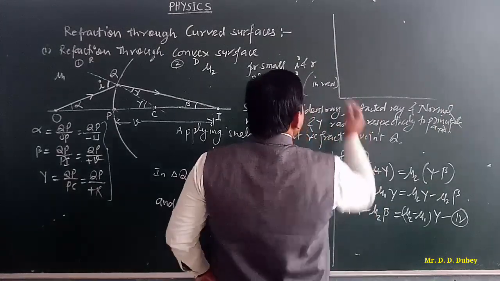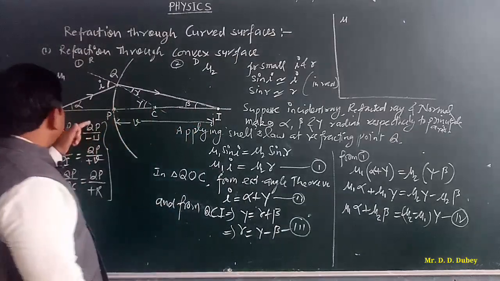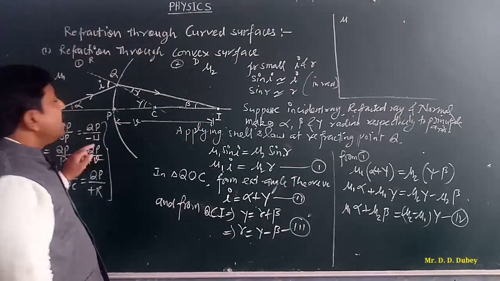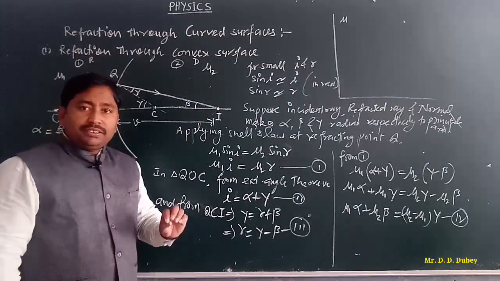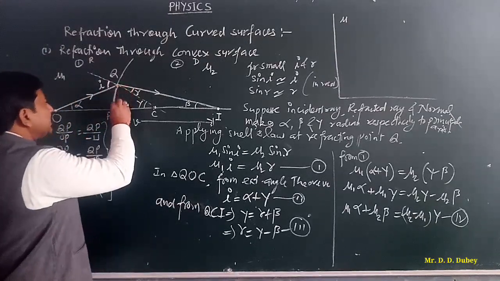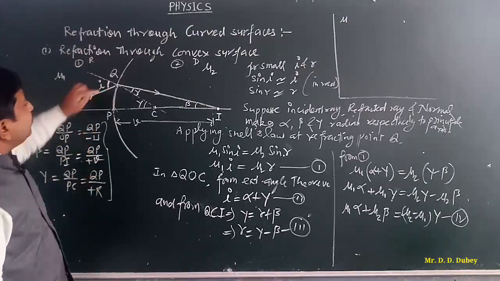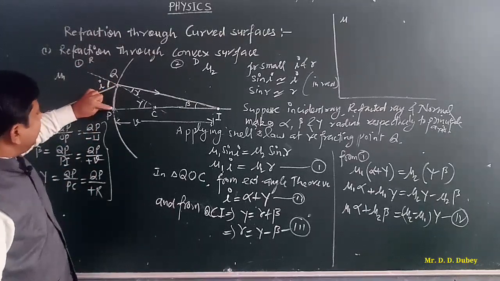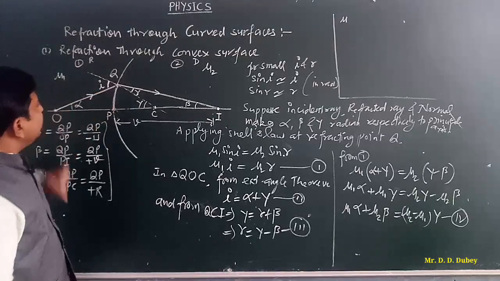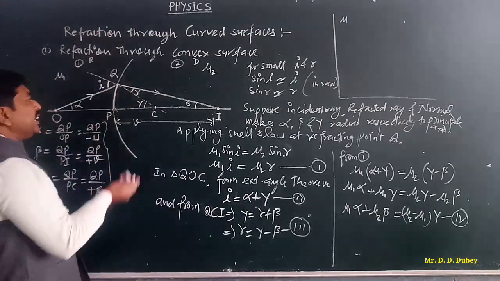Mu1 into alpha. Alpha means QP by minus U. Here few students will confuse why we'll take QP as arc length. If the point Q is taken nearly just at point P, then this QP is taken as arc length.